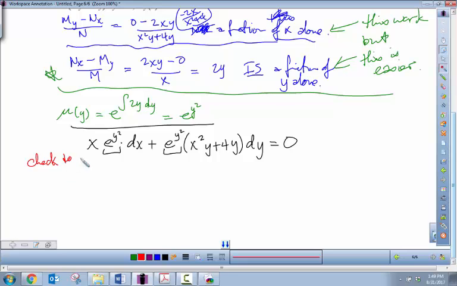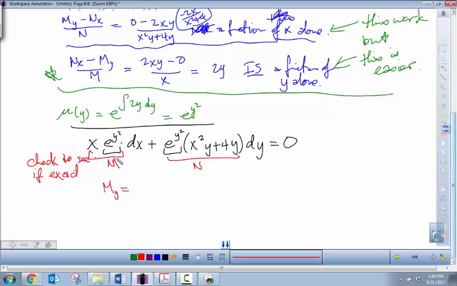Check to see if exact. So this is your new M. This is your new N. So let's take the derivative with respect to y, right?